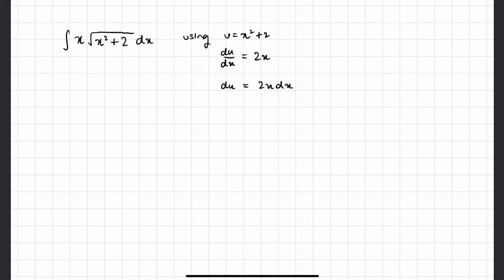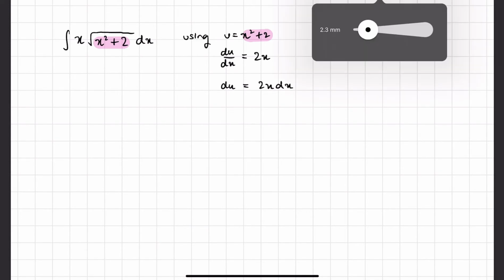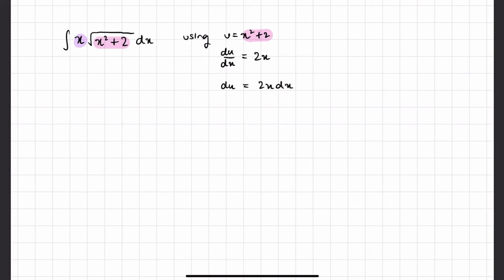Looks like we can see this is the u, right? And we also have this bit bigger. We also have this x dx here, right? So let's divide this by 2 and sub everything in.